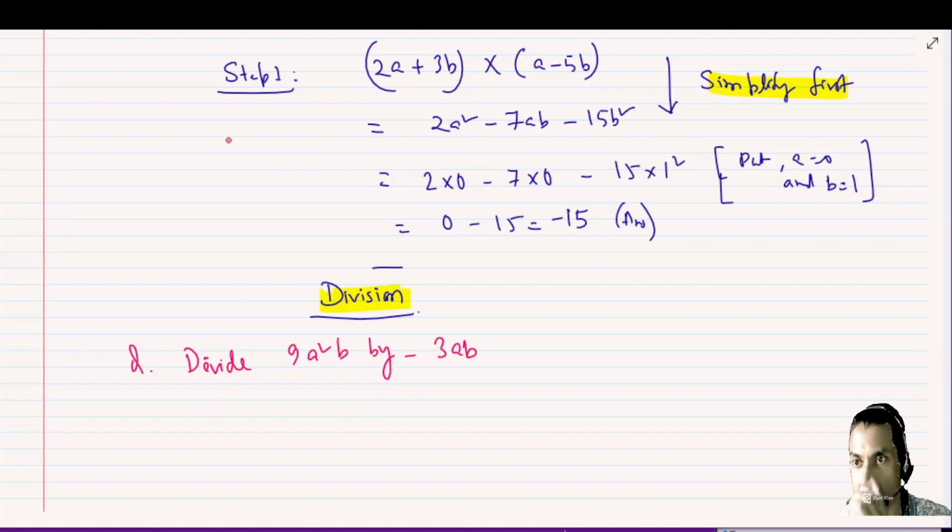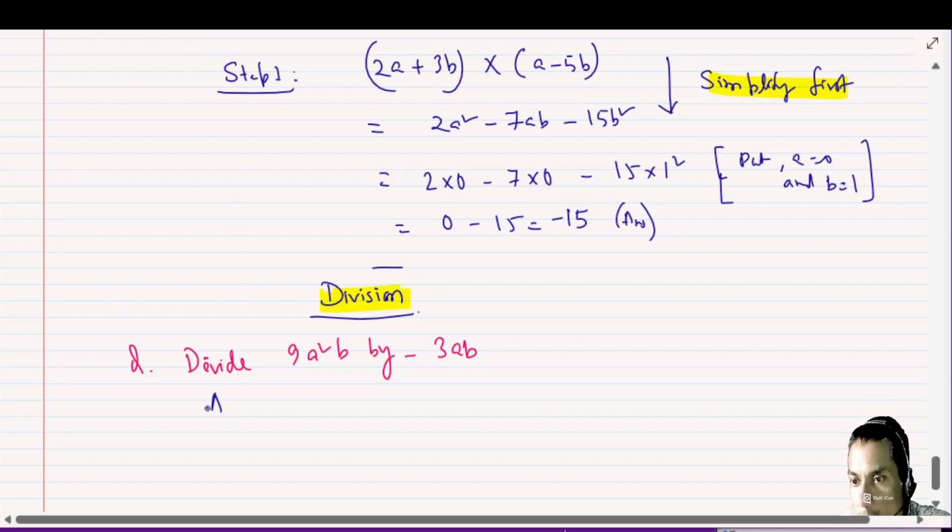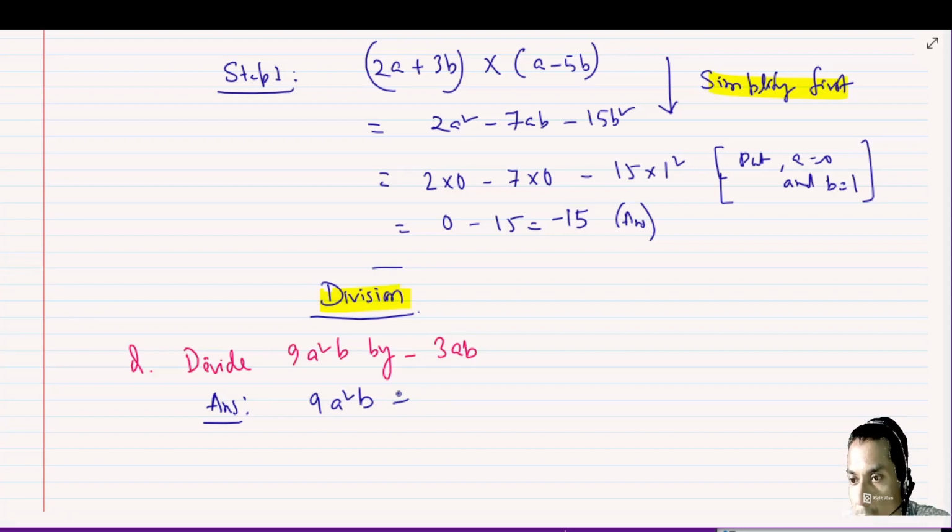What will be the answer? You can do this. First you write the question, 9a square b divided by minus 3ab.